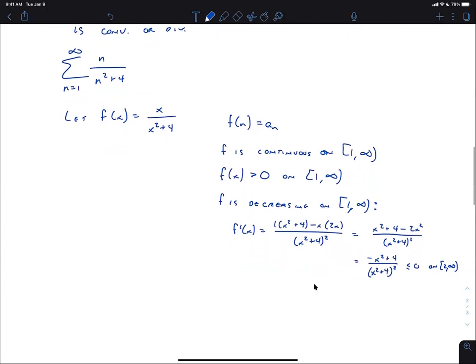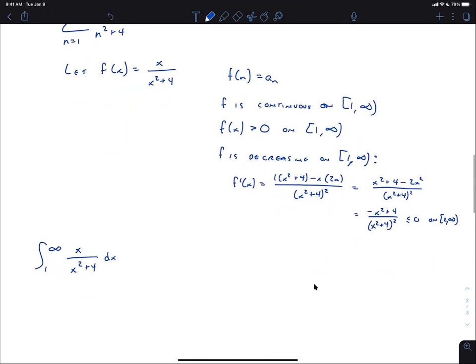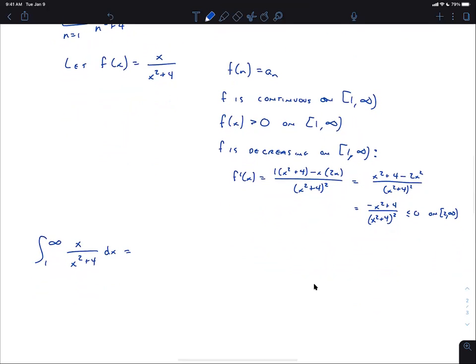But the main thing is then, okay, because that applies, then you do the integral from 1 to infinity of that function. And if this integral converges, then the series converges. And if this integral diverges, then the series diverges. Well, the way you do this integral is it's an improper integral.